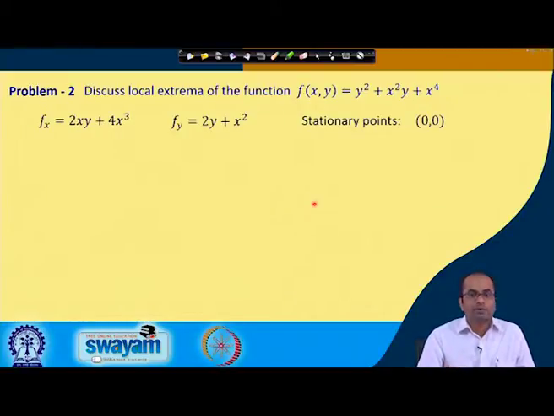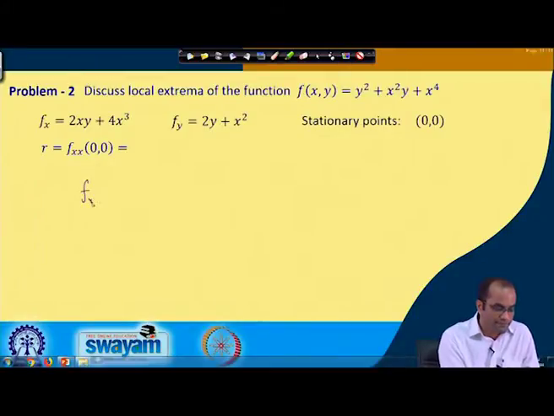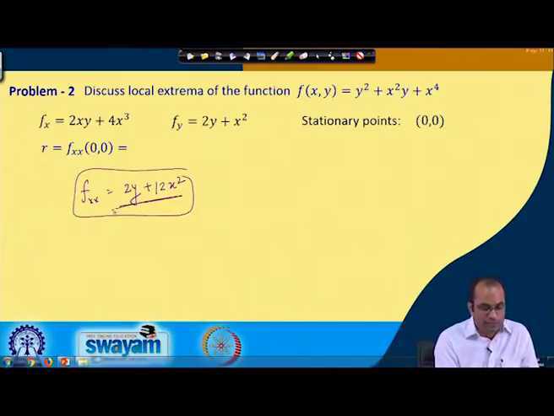So, at this (0, 0) point, we have to now discuss for the identification whether this is a point of local maximum or a point of local minimum. For that we need to compute now the second order derivatives. So, f_xx at the (0, 0) point. What will be f_xx now? This was f_x, so this f_xx will become, with respect to x again, 2y plus 12x square, and at (0, 0) point this will become 0.